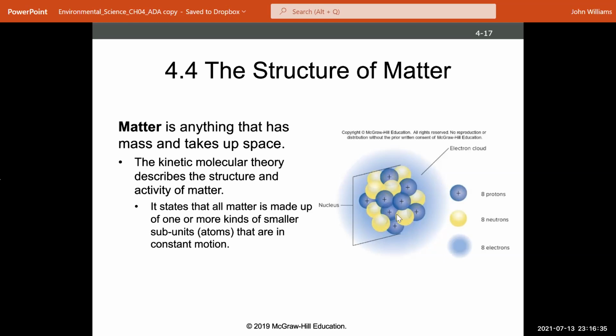The nucleus has protons and neutrons. Protons have a positive charge and a mass of 1, and neutrons have a neutral charge. They also have a mass of 1, and electrons have a negative charge and no discernible mass. So they basically weigh nothing.